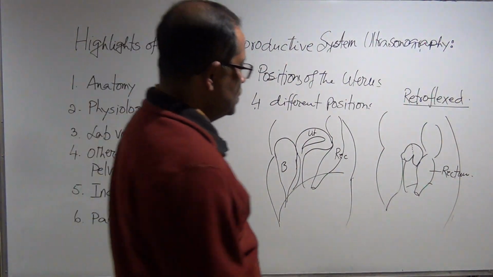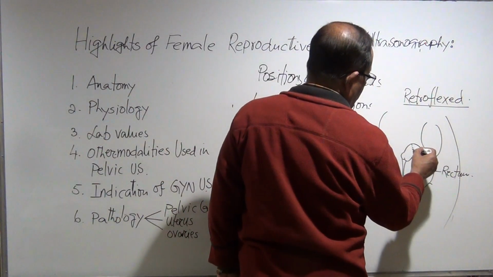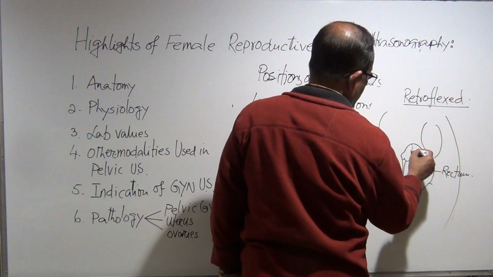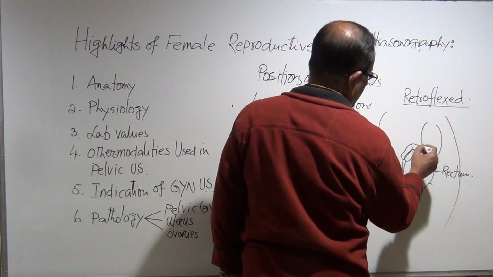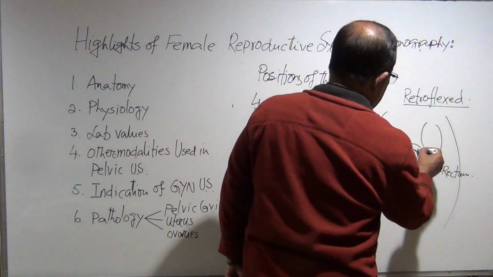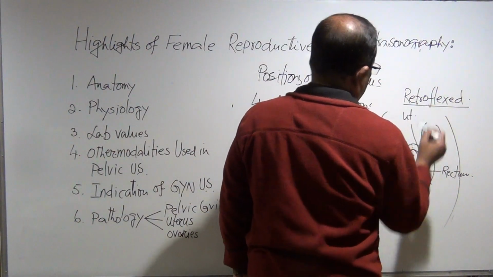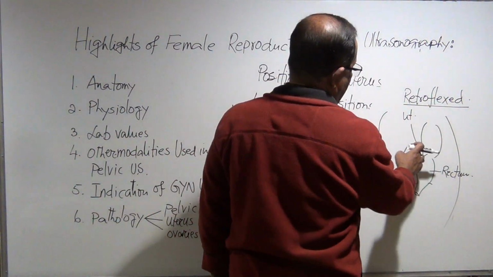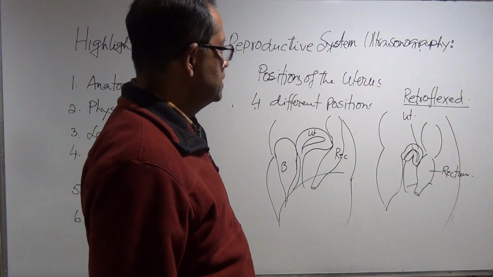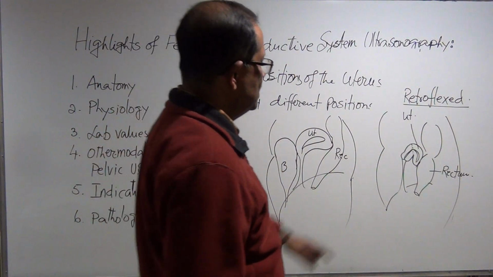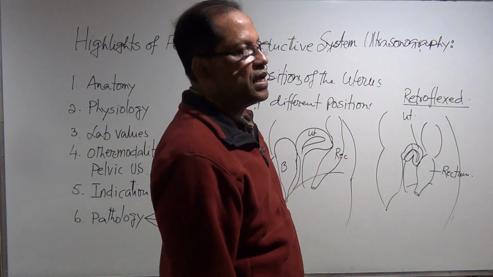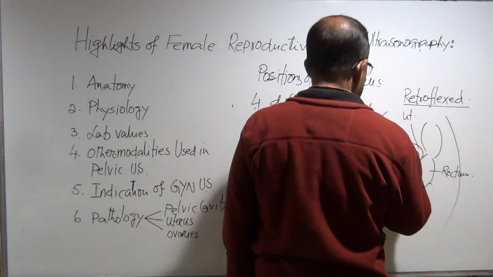See, the uterus, body and fundus is folded at the isthmus at 90 degrees and is resting on the rectum, and the bladder is here.